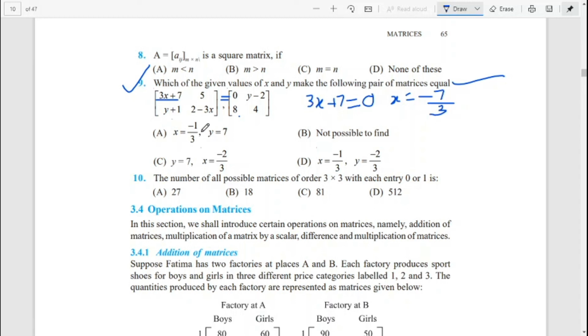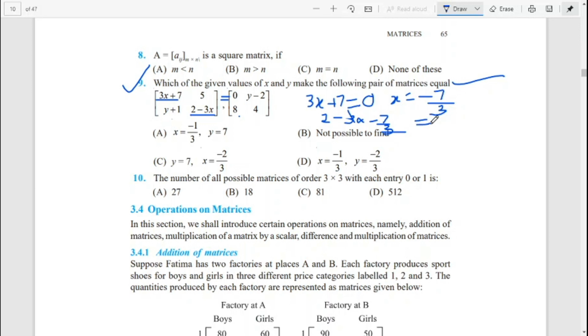So let's see, we'll substitute over here whether it's right or wrong, we'll check. If we substitute in this case, 2 minus 3x equal to 8. So when it is 2 minus 3 into negative 7 by 3, the 3 gets cancelled, minus minus plus. So what did we get?